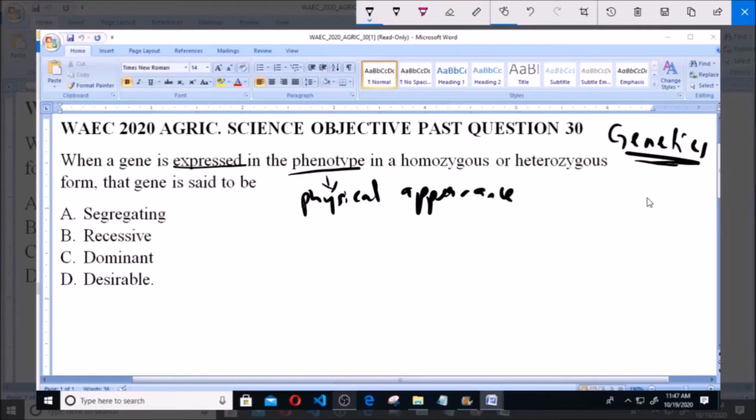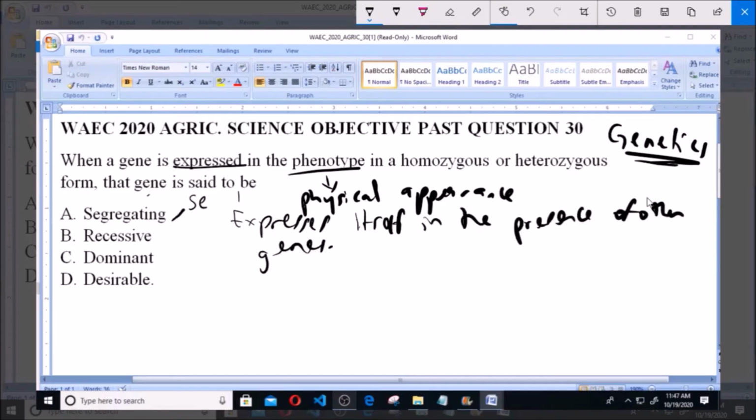In other words, if you rephrase this question, you are being asked, what do you call a gene that always expresses itself in the presence of other genes? Now option A says segregating. Segregating genes basically refers to all genes, as all genes segregate or split during cell division. So it has nothing to do with expression, so it is not the answer to this question.